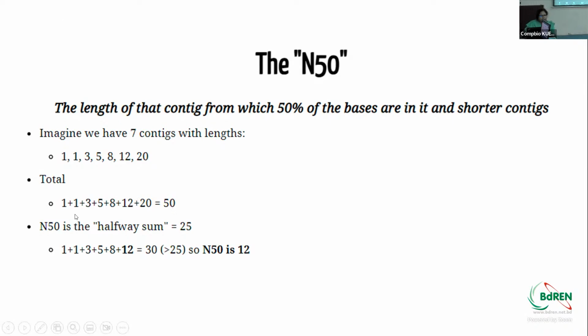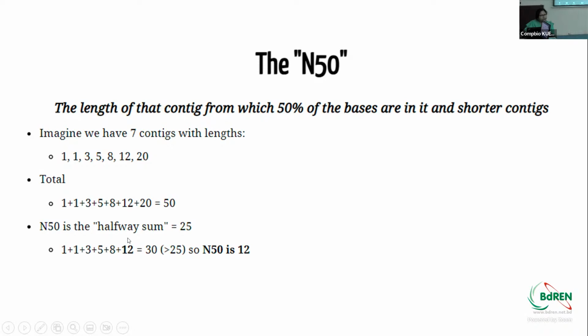So the total is 50, and now N50 is the halfway sum. Half of 50 is 25. The sum, when we get greater than 25, is the main point of our N50. Here we can see that 1 plus 1 is 2, then 3, 5, 5, 10, 8, 18, plus 12 is 30.